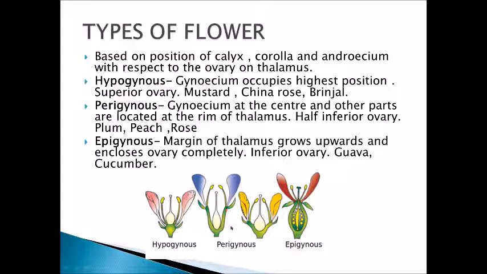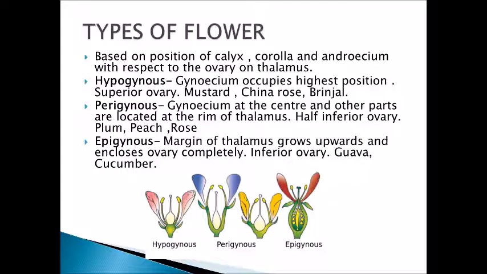And here also you can see the thalamus, and the sepals, petals and stamen are at the rim of the thalamus, and the ovary is not exactly superior, and not inferior either. So this is considered a half inferior ovary.